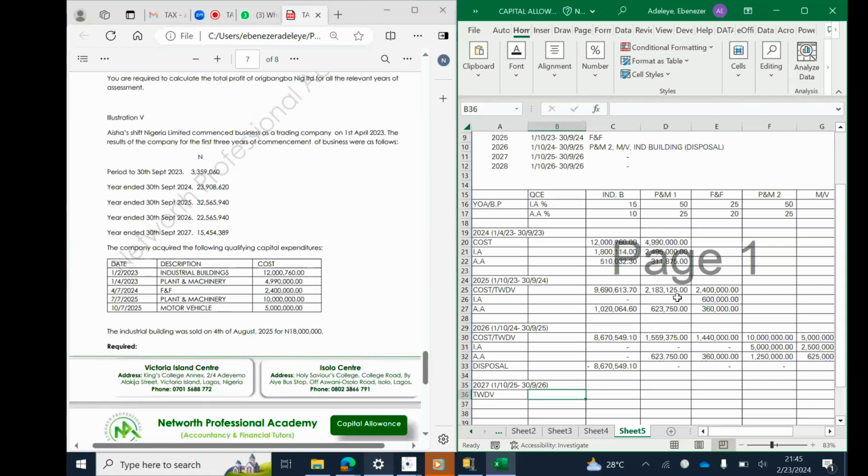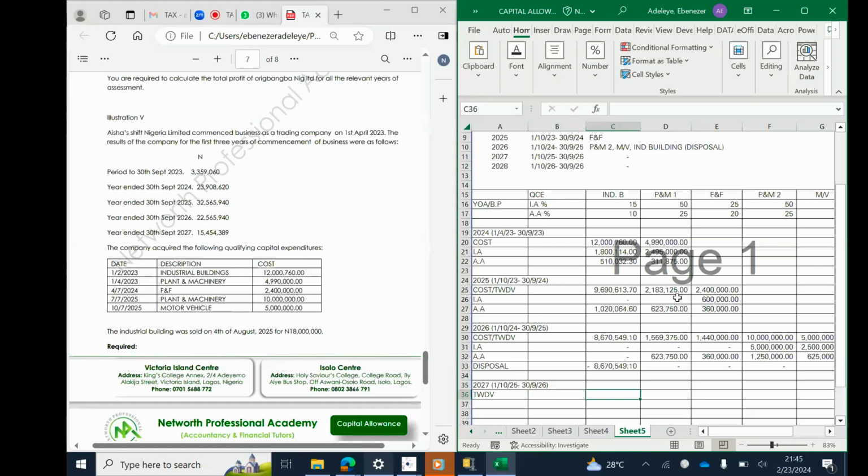But for subsequent years, it will be the closing tax written down value for the previous year minus the annual allowance for the previous year. Is that clear, please?